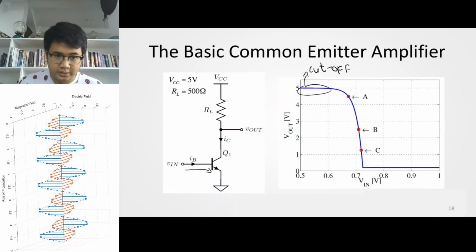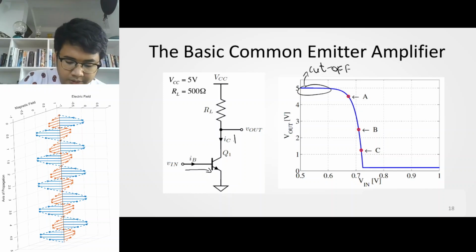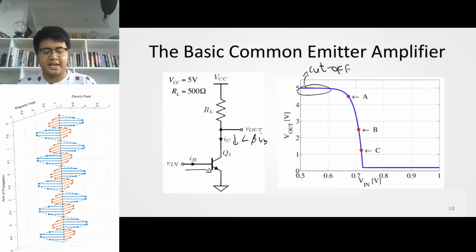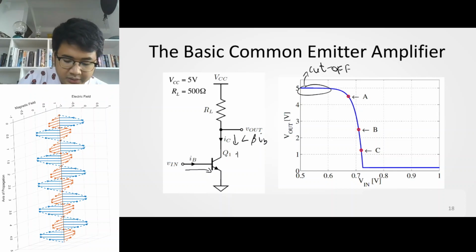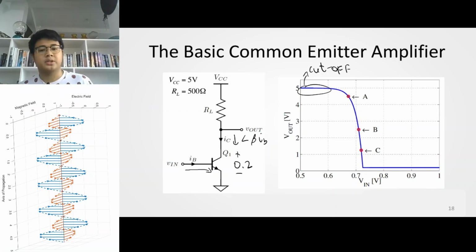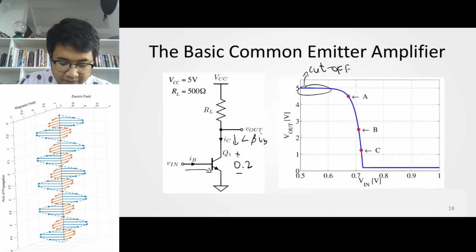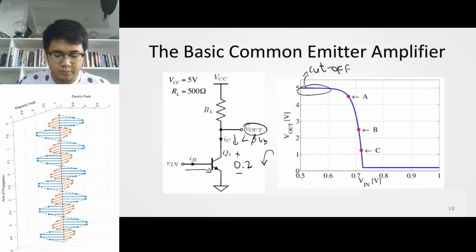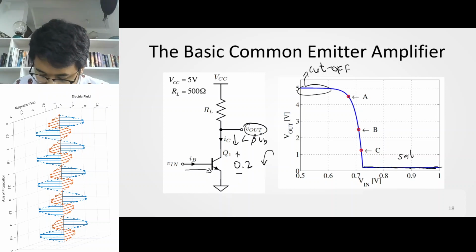At saturation, IB is very large and IC is also very large, but IC is less than beta IB. Your transistor VCE is fixed at 0.2 volts. If you perform KVL, your Vout is equal to 0.2 volts, or VCE saturation in general. So that is at this point right here. At a very large VBE or Vin, your transistor will operate here, and this is your saturation region.